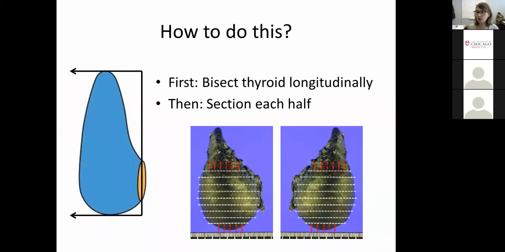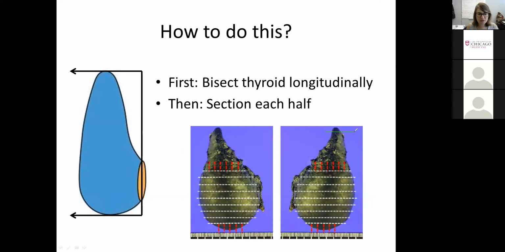So how I would argue that you would do this is if you have a dominant nodule, a solid follicular neoplasm type of picture, not necessarily PTC, but follicular neoplasm, you would perhaps bisect it longitudinally, open up the two halves of the thyroid, and then determine where the top and the bottom of the nodule poles are. I'm going to draw a little bit because I think this article forgot to do one thing, right?